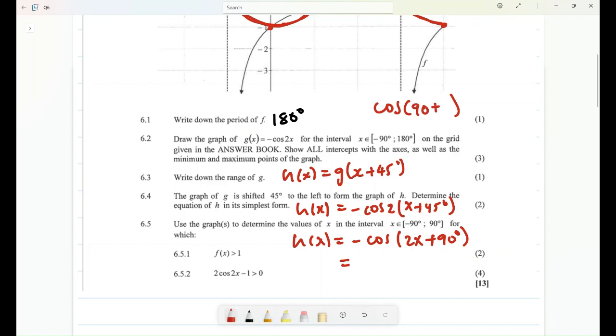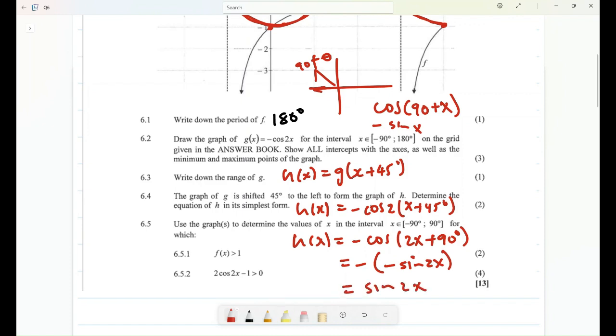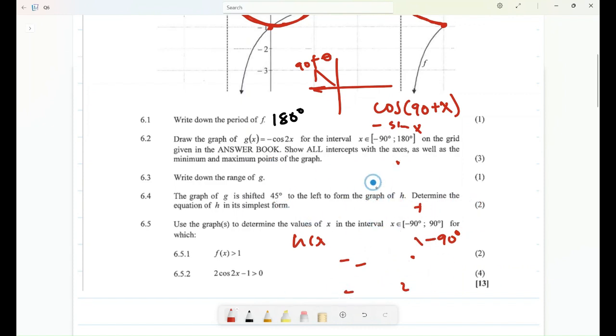Cos 90 plus x is on this quadrant, and cos is negative, so it's going to be negative sine x. But in this case, it is negative into negative sine 2x. So the answer is positive sine 2x. Let's write that: sine 2x.